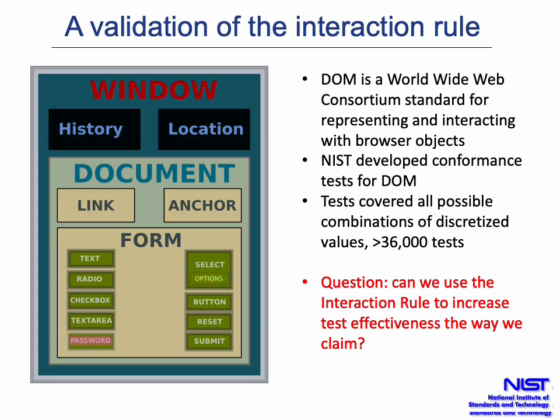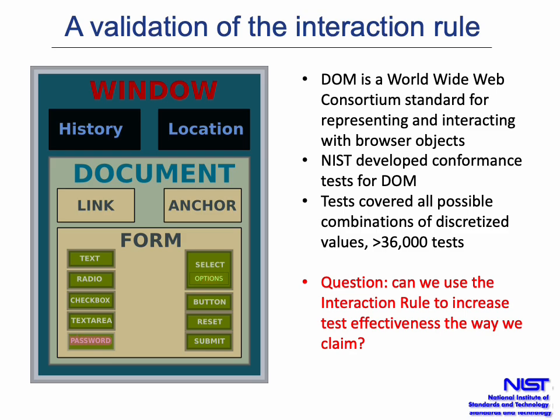Now the test covered all possible combinations of discretized inputs, so that resulted in more than 36,000 tests. That's an enormous number of tests, and it also is a lot of effort to apply these tests because these are image tests, so basically a human needs to compare the results for those 36,000 tests.